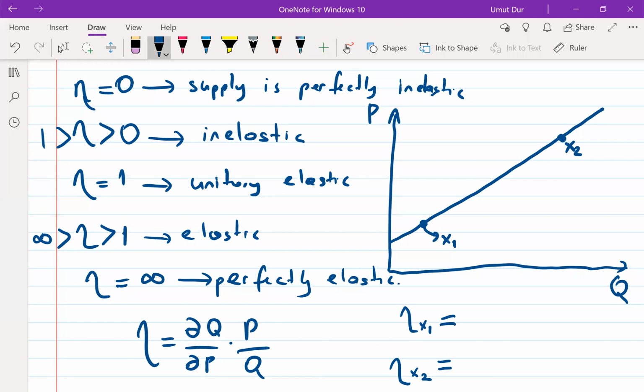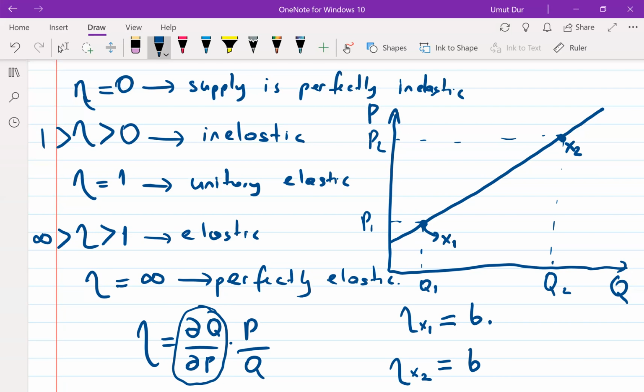Then what is this derivative? Okay, it is the same for both points, so it will be b for both of them. So here q1, this is p1, this is q2, this is p2, okay.